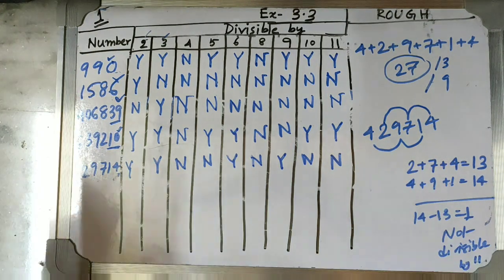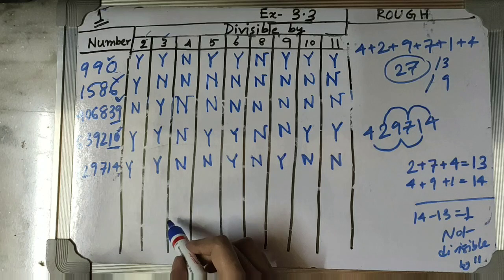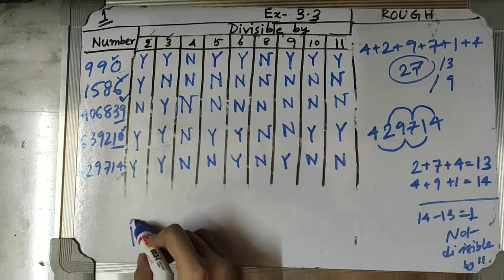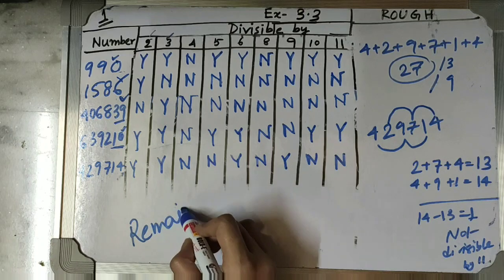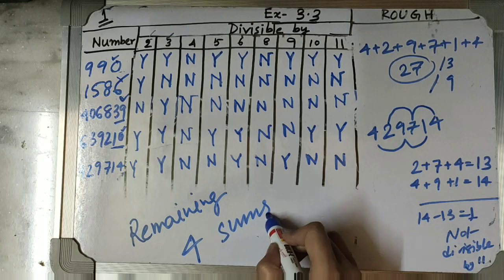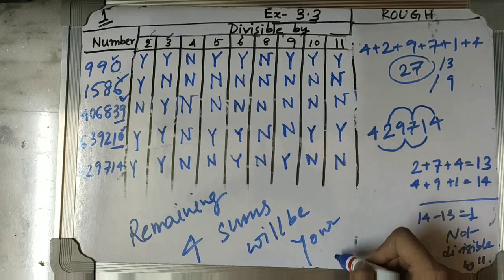So in these 10 sums, I have done 5 sums and 1 sum is already done in your book. So the remaining 4 sums will be your homework.